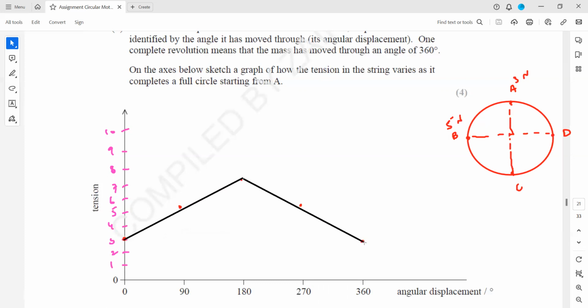So when we sketch these points for one complete revolution, this was point A, this was point B, point C, point D, and then point A again. That's how the tension varies.